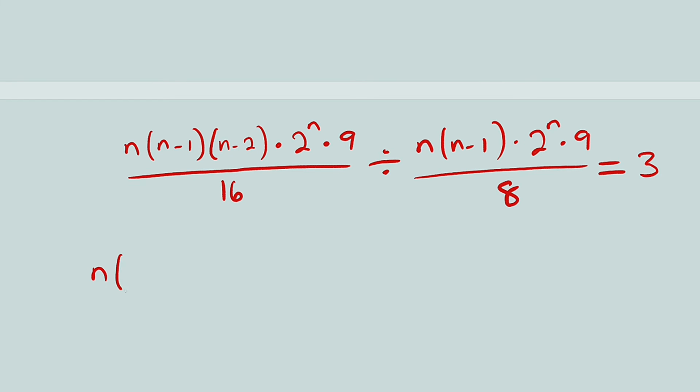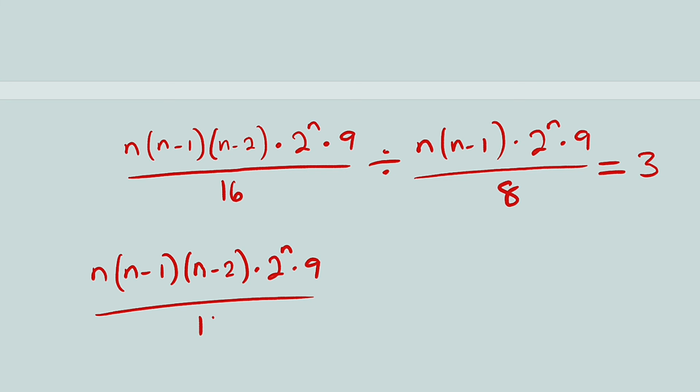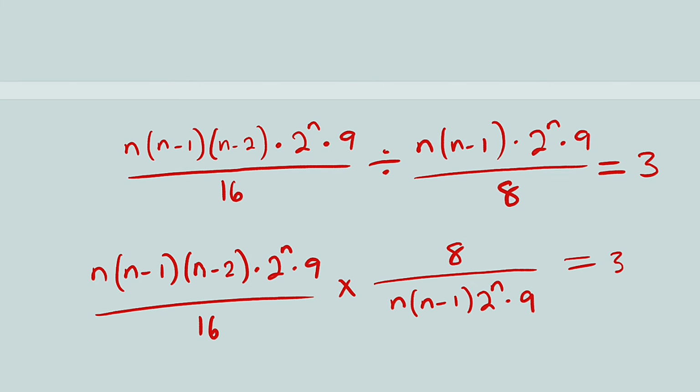We have n multiplied by (n minus 1) multiplied by (n minus 2) multiplied by 2 to the power of n multiplied by 9, divided by 16, then multiplied by the reciprocal of this, which is 8 divided by n multiplied by (n minus 1), 2 to the power of n multiplied by 9, and the whole of this equal to 3.